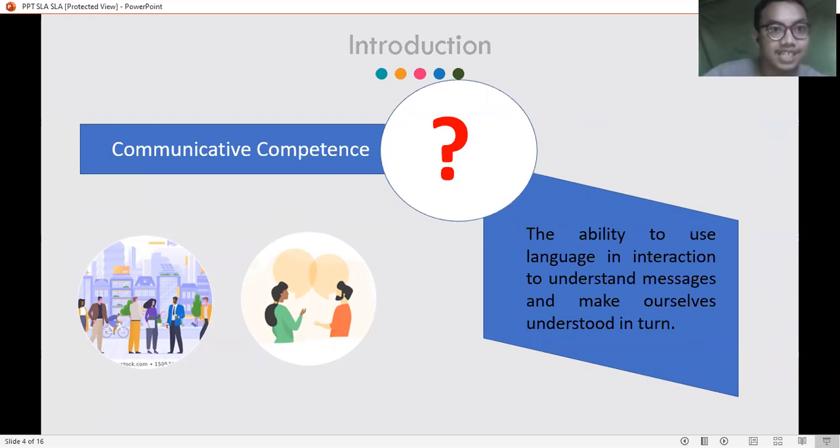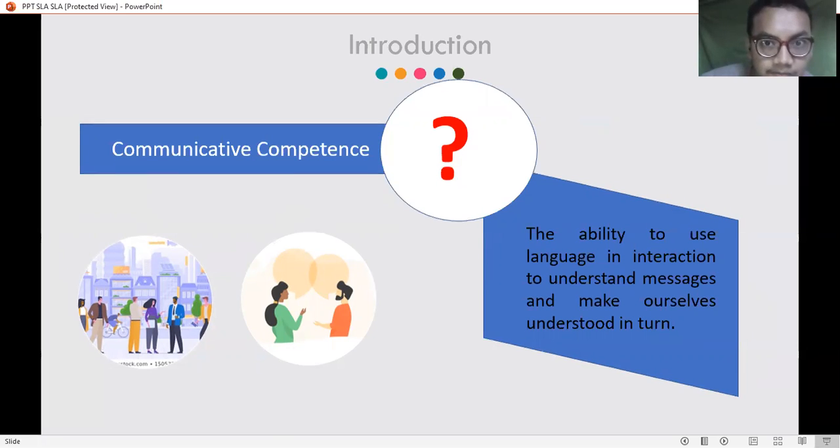And in the second picture, like I said before, the communicative has to deliver a message. And communicative competence is the ability to use language in interaction to understand messages and make ourselves understood in turn. So this is the definition of communicative competence.